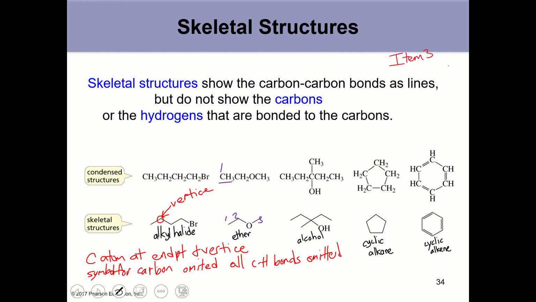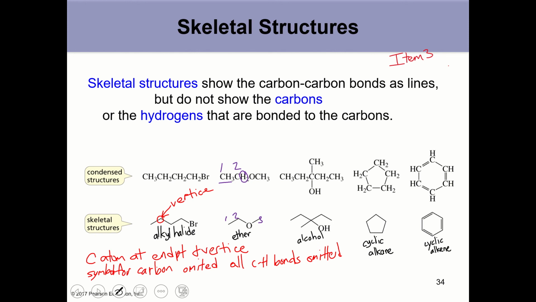At carbon 2, that vertice has 2 lines, one going to carbon 1 and one going to oxygen. It is missing 2 bonds, and those 2 bonds are then to hydrogen. 2 hydrogens at carbon 2. At carbon 3, I only have 1 line going to that carbon. The other 3 bonds must be to hydrogen.